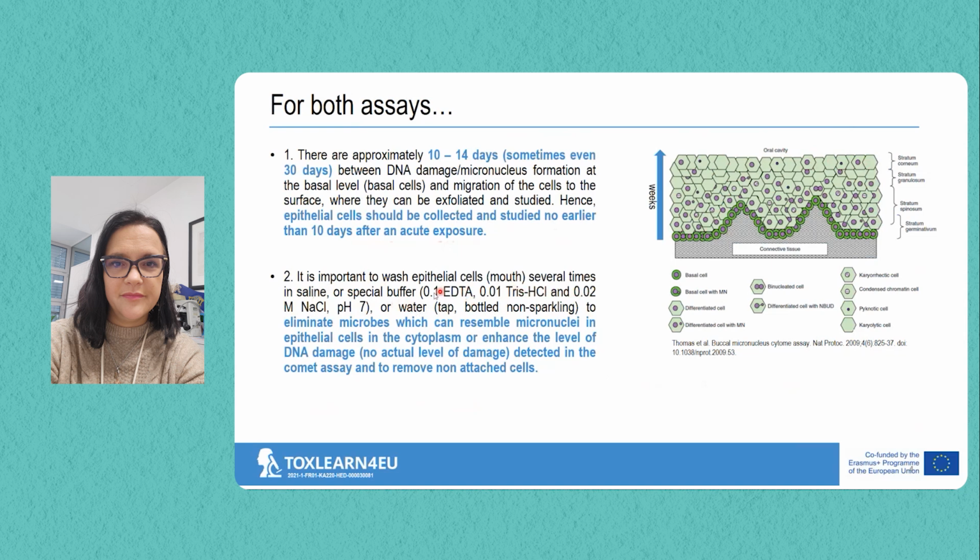For example, the ingredients for one typical one are written here. Or you can use water, but it should be either tap water or bottled, non-sparkling water. That is an important thing. Why the washing step? With this step, you are eliminating the microbes that you still have in your mouth that can resemble the DNA of the buccal cells, and also removing the non-attached cells from your mouth.